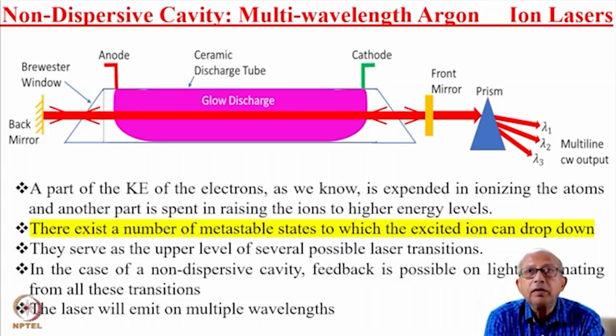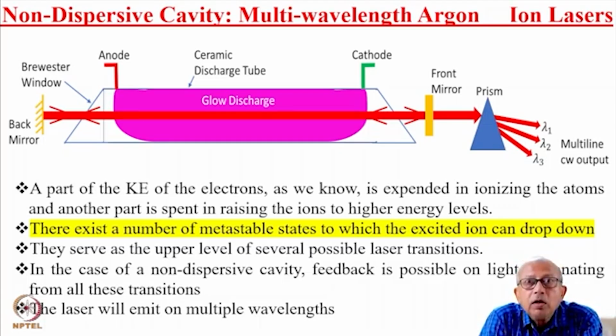We also have studied the working of one of the most popular and important ion lasers, that is the argon ion laser. We have seen that when pumped, population inversion in the argon ion laser occurs at a number of wavelengths.